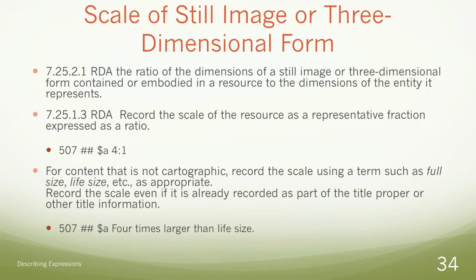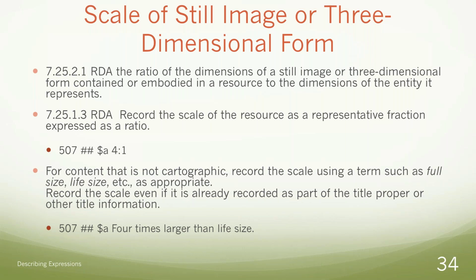Sometimes still images will have scale. So if there is a scale that is given, then go ahead and provide that in the 507 field. You can either do it as a ratio, like 4:1, or you can give it in English language terms, 4 times larger than life size, for example.